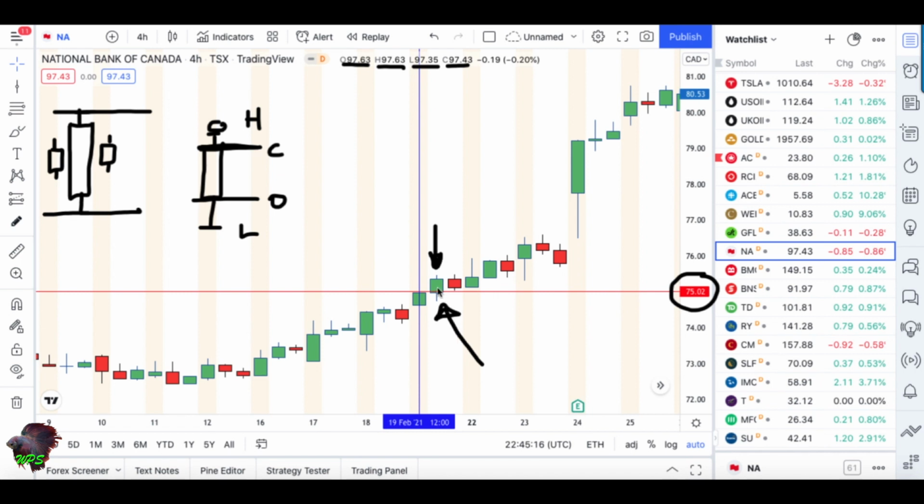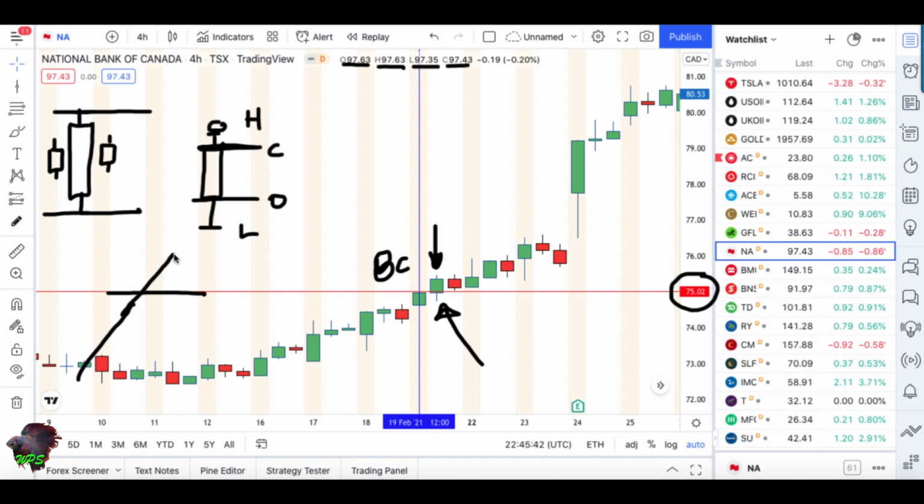This is our breakout candle. After this candle, what do we expect? Well, we expect this. This is the resistance. The market was climbing. The job of the bulls, or the market, is to break on the other side, so do the breakout.